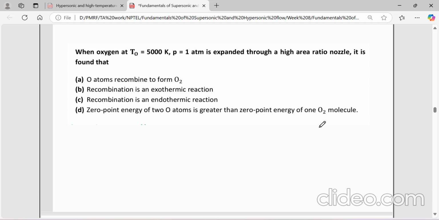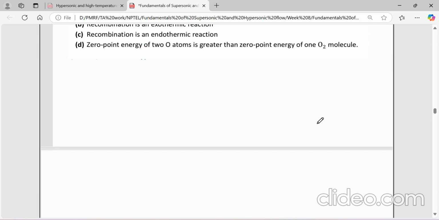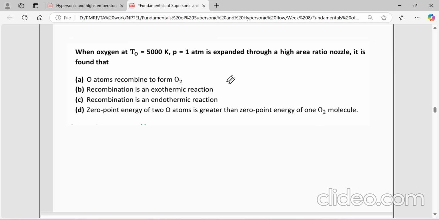Option B, recombination is an exothermic reaction. Option C, recombination is an endothermic reaction. Option D, zero point energy of 2 O atoms is greater than zero point energy of 1 O2 molecule. From this you can see only one of these can be true.